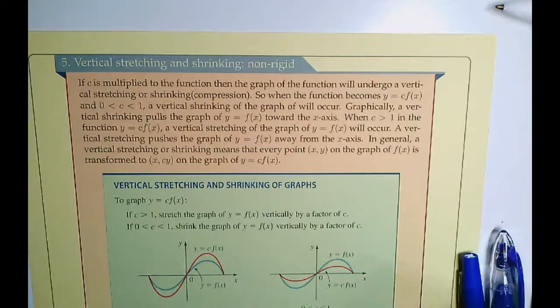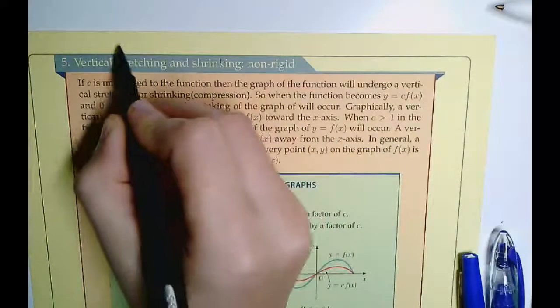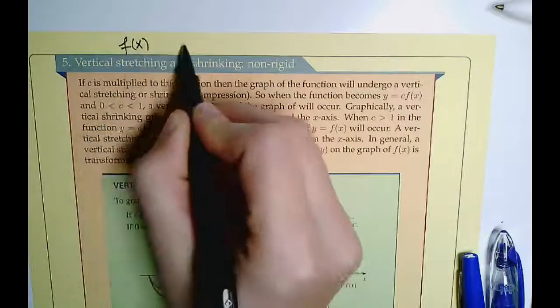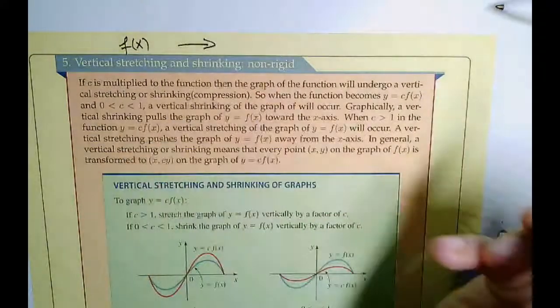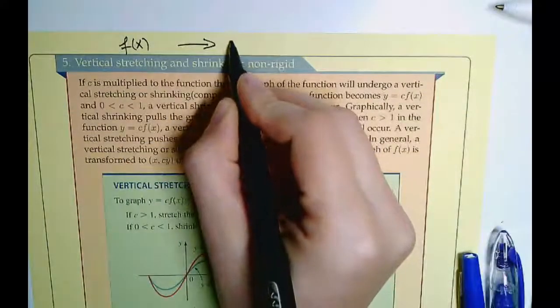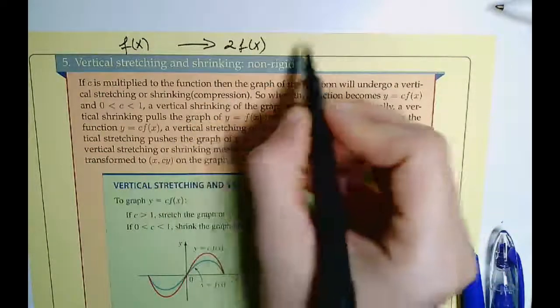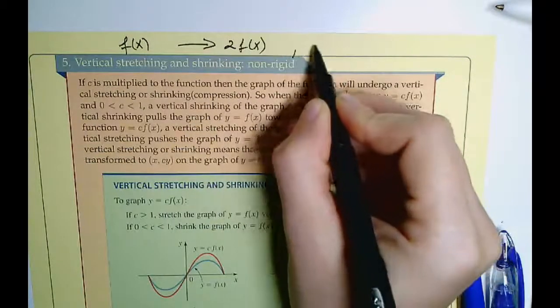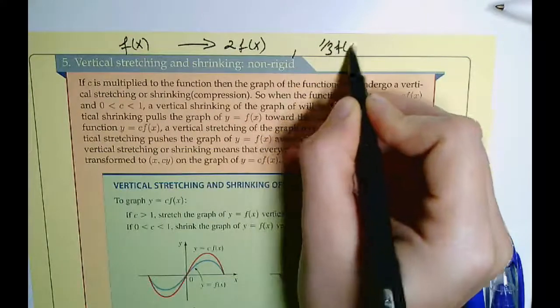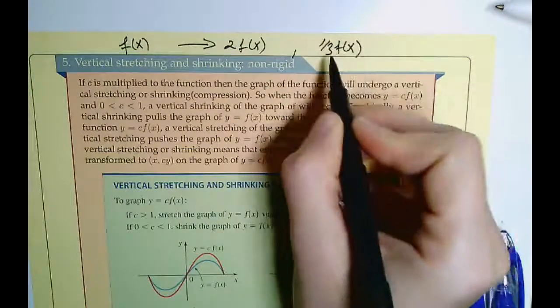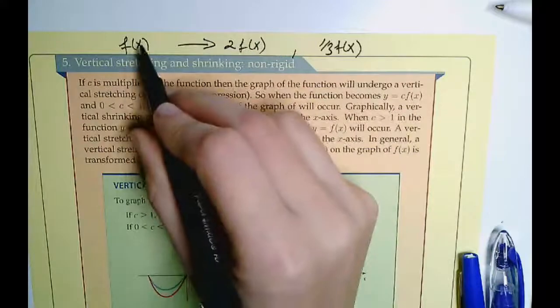So if you have your function f of x and you want to graph 2 times f of x, or you want to graph a third f of x, how is that graph or this graph compared to the graph of f of x?